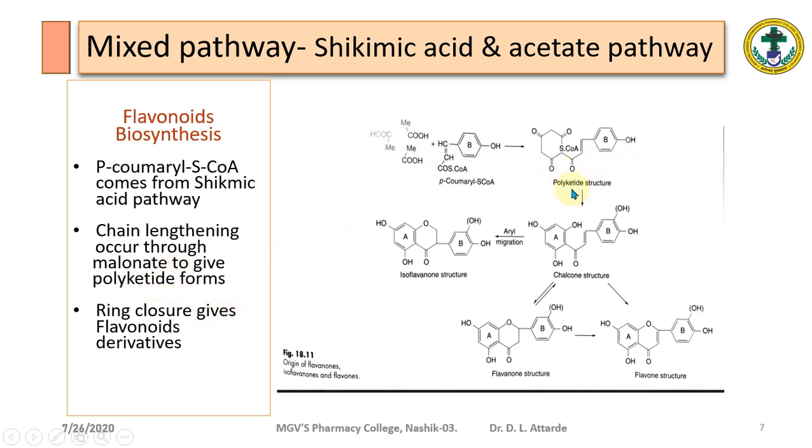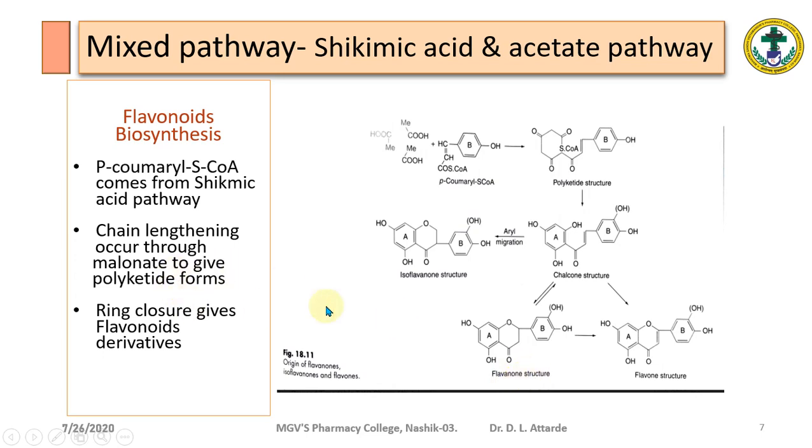So polyketides form by malonates, and this ring closure is possible in a variety of ways, and this may remain at carbon 1 or it may move to carbon 2 like this, and in the flavanone structure you can see how this remains saturated.